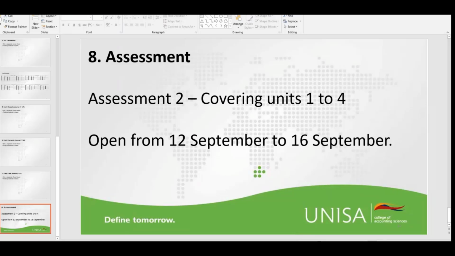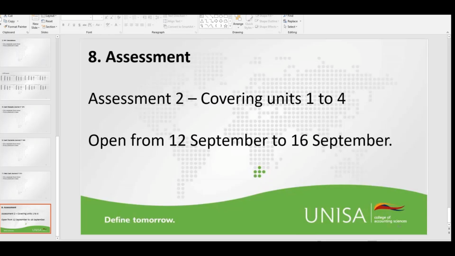Unit number 4 is up until VAT, the cash receipts journal, cash payment journal, and petty cash. Then unit number 5 will be in assessment number 3, after this one. So everything up until VAT is examinable, and we should be comfortable with it so that we can pass this particular assessment.